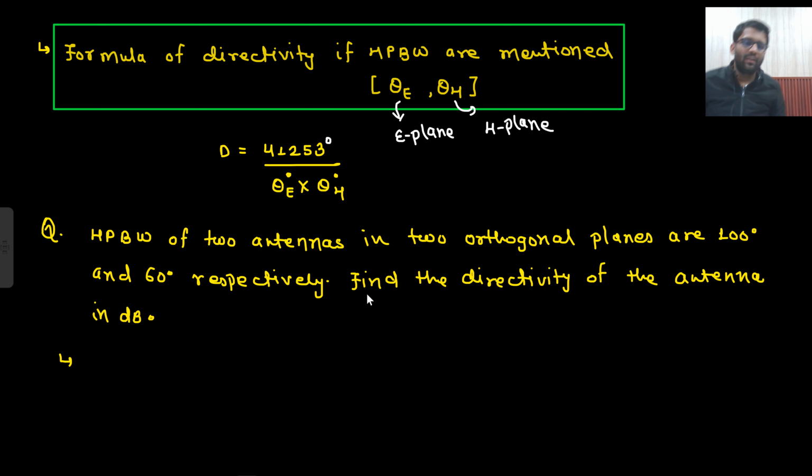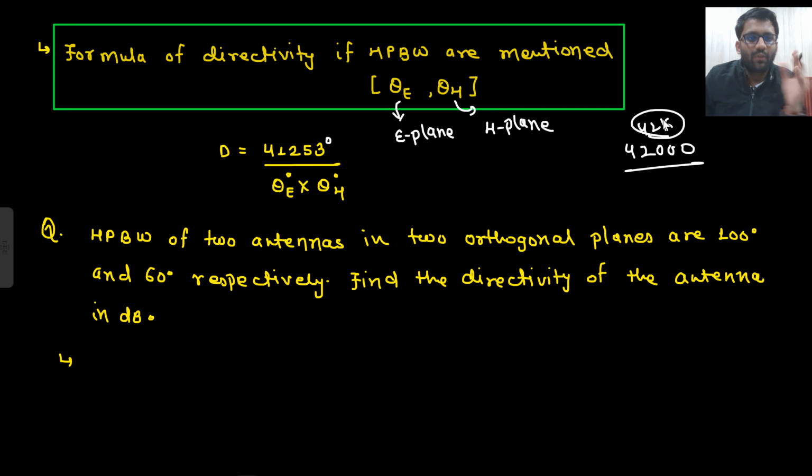Will you be able to remember it? You don't need to remember the exact data, just remember that it is somewhat around 42,000, or you can remember the exact one as well: 41253 divided by the half power beamwidth of E plane into the half power beamwidth of H plane.